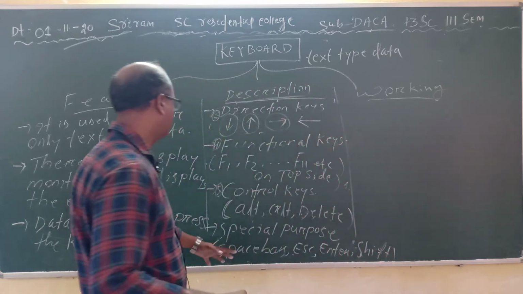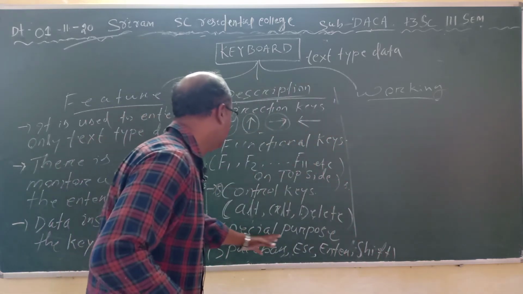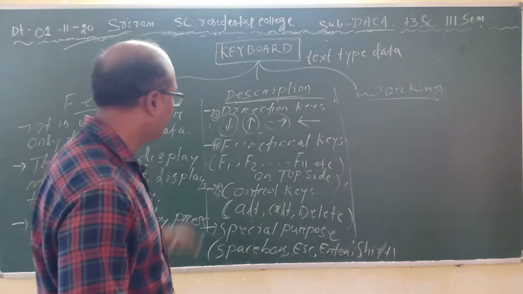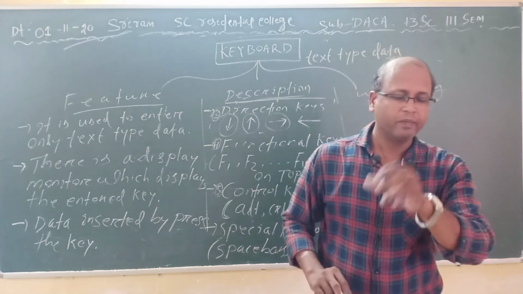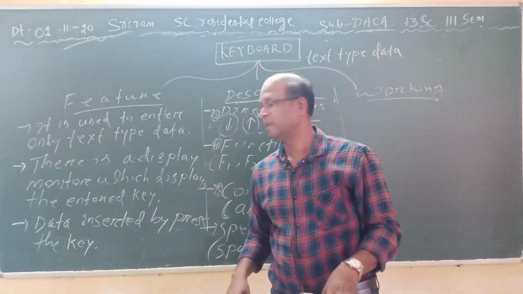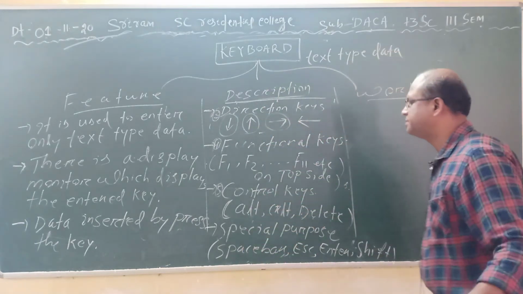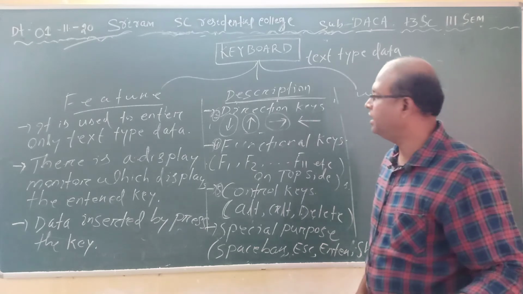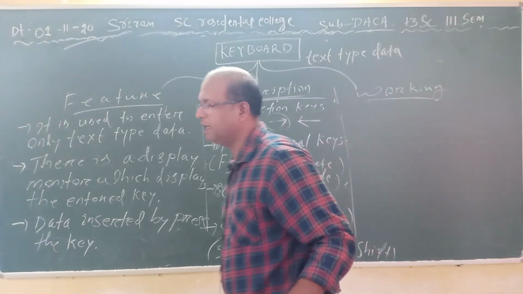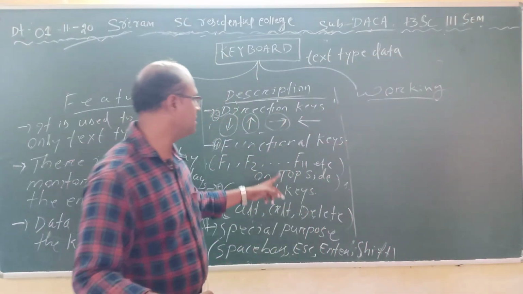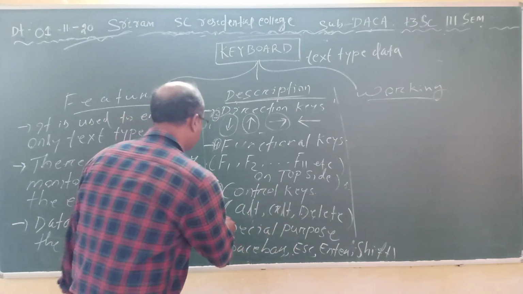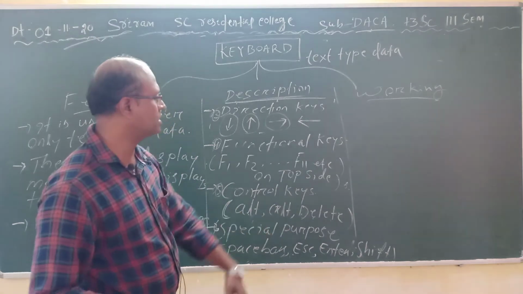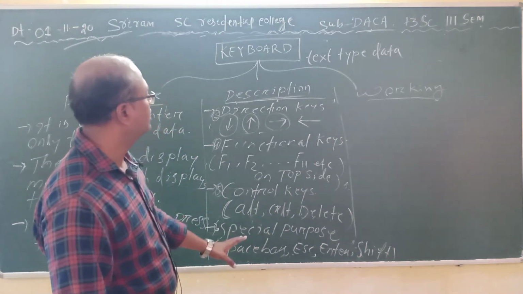This kind of keys comes under the special purpose keys. The entire 101 keys are categorized into 6 sections: typing keys, numeric keys, direction keys, functional keys, control keys, and the sixth part is special purpose keys. Clear?